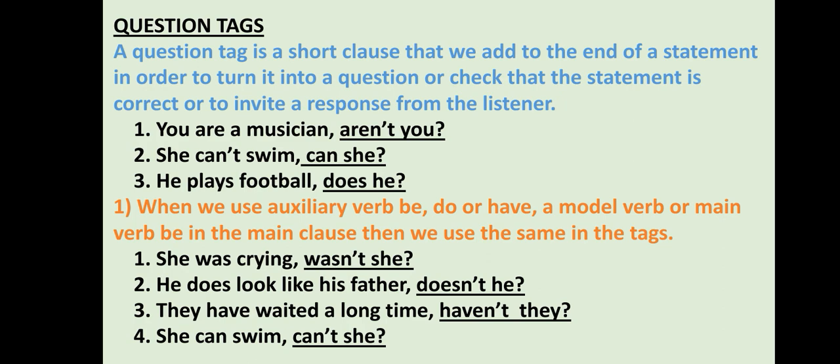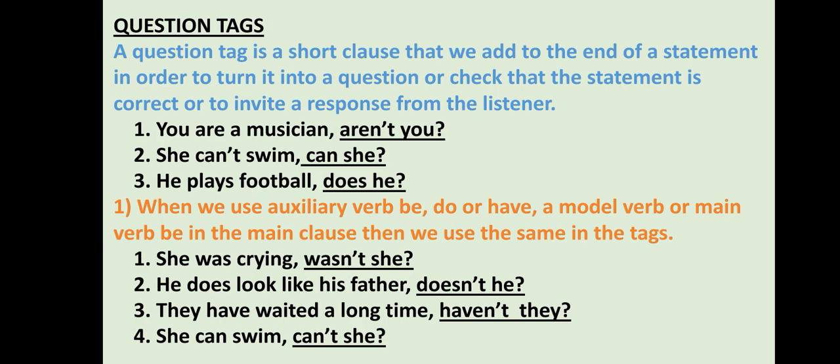For example, number one, she was crying, wasn't she? Here we see that the auxiliary verb was is there in example number one and the same has been used in the tag. In the second example, he does look like his father, doesn't he? Now, here the auxiliary verb is does, and the same is there also in the tag.